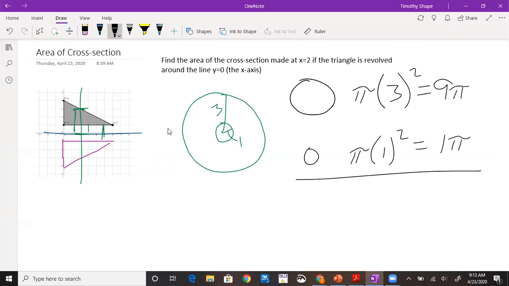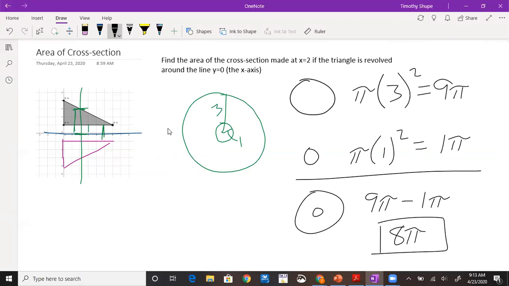So if I want to find the circle with the circle cut out, I'm going to take 9 pi, subtract the 1 pi from the circle in the center, and I end up with 8 pi units squared as the area of that cross section.